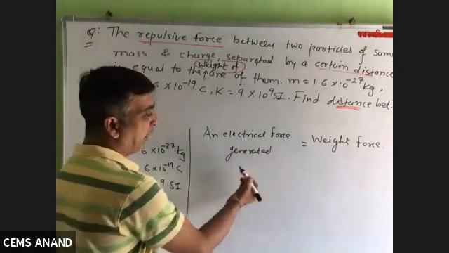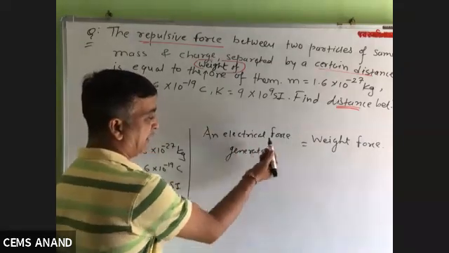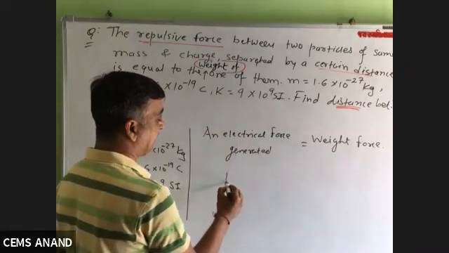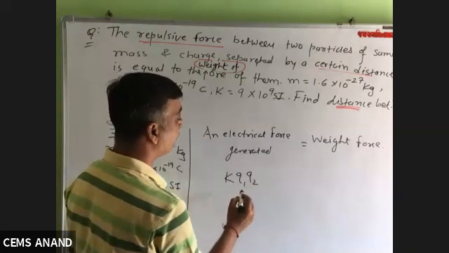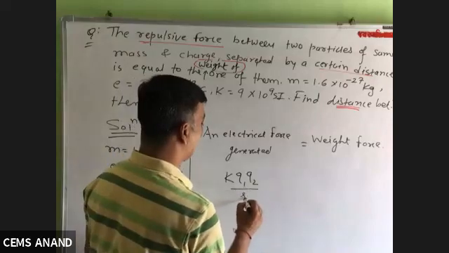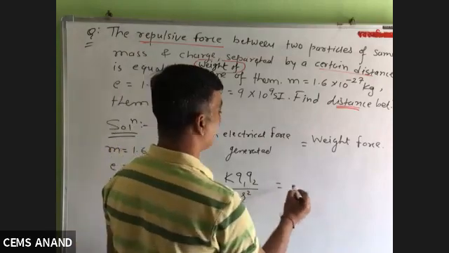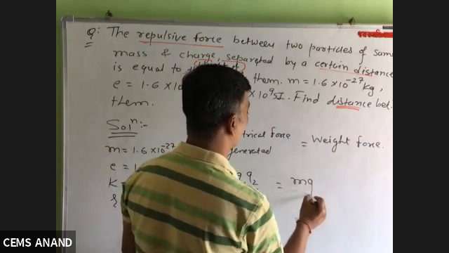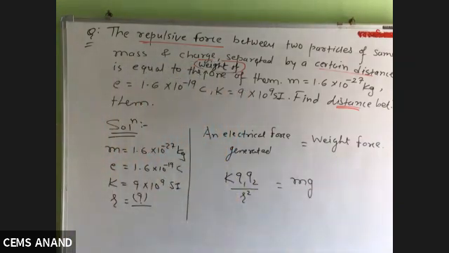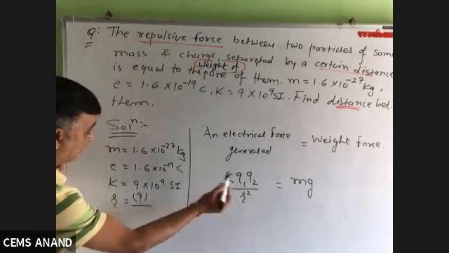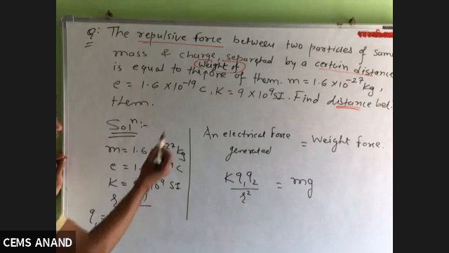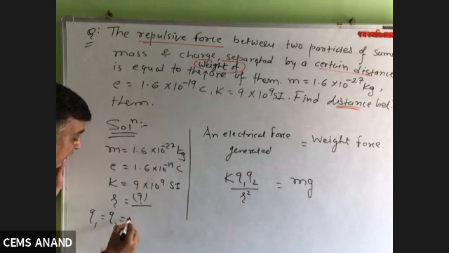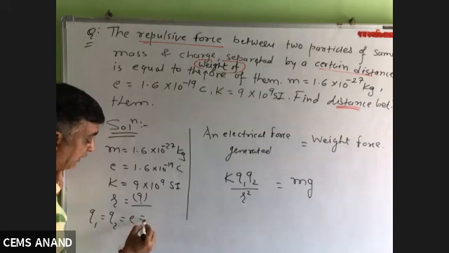Now we know the formula according to Coulomb's law for an electrical force. What is that? It's K Q1 Q2 upon r square, which in turn equals the weight force. Sir, what about this Q? Here we are given e. So Q1 equals Q2, the charges present on the particles, which are given the same, equal to e.